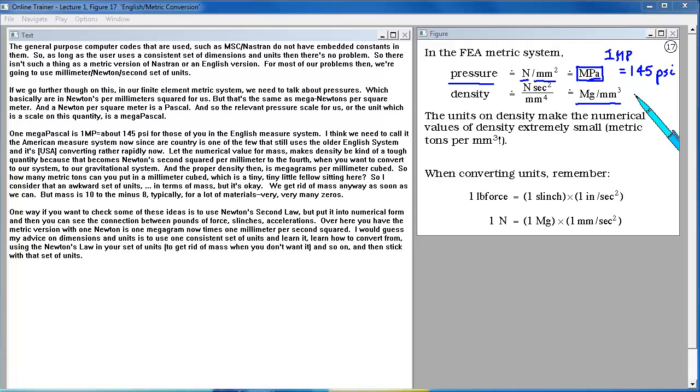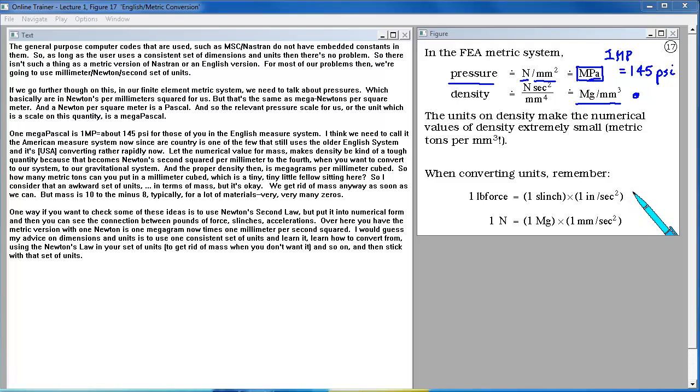So how many metric tons can you put in a cubic millimeter, which is a tiny, tiny little fella? I consider that an awkward set of units. It's in terms of mass, but it's okay. We get rid of mass anyway as soon as we can. But the value is 10 to the minus 8 typically for a lot of materials. Very, very many zeros.